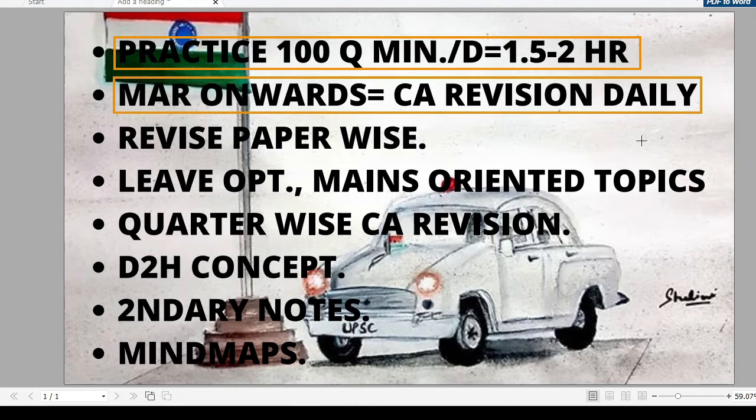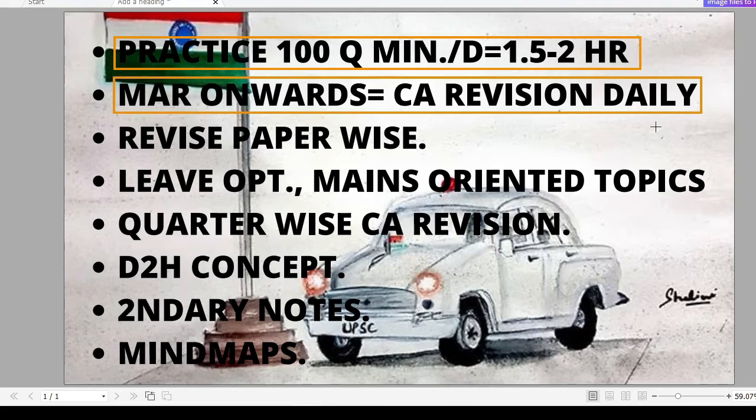For the daily current affairs part, we should revise it daily, or the next day, and we should not leave it for a weekly or monthly revision. It will create stress for the exam. Okay. And about newspaper reading, we can leave newspaper reading from 15 May onwards.